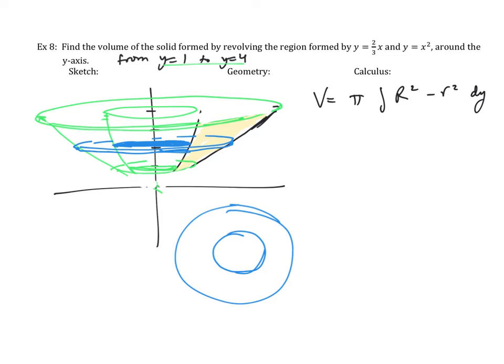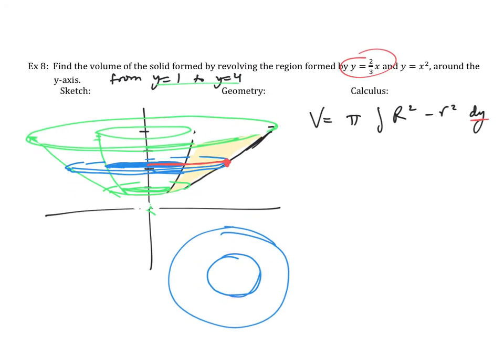And I've got to visualize what's my big radius here, and then what's my inner radius? So the big radius takes us to this outside curve, my line, y equals 2/3 x. But that's really the x value, and I can't just put x in my formula because I've got to be in terms of y. So here's where I'm going to have to solve that.